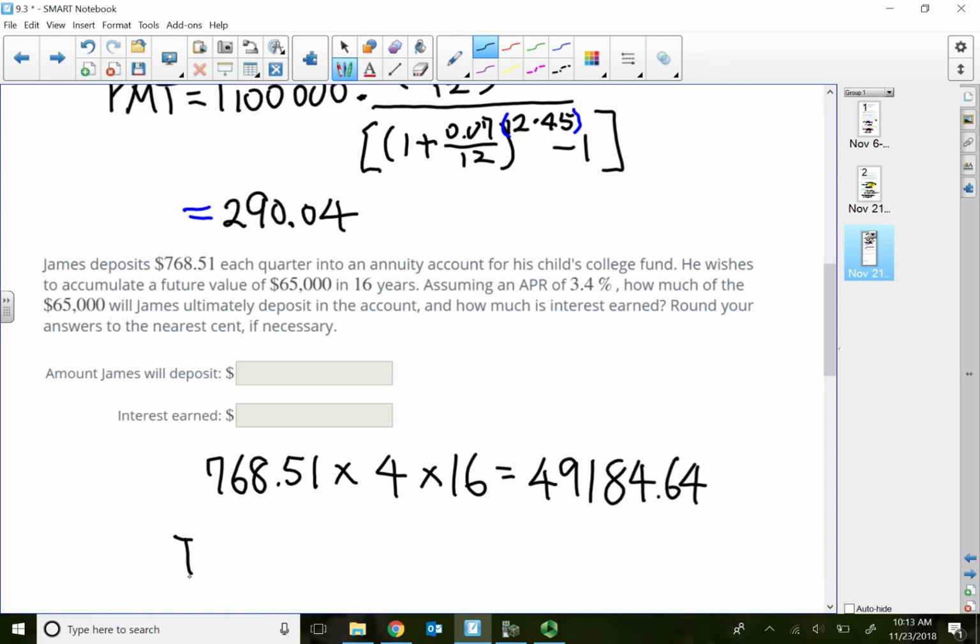And how much is interest earned? Inside this $65,000, it has the money he put in and the interest he earned. So to extract the interest, we will take the $65,000 minus what he put in.